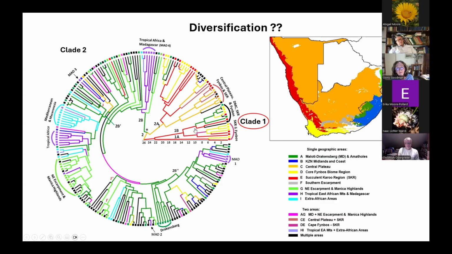But you'll notice in 1B that there are some green branches, and so that is, it appears at least, direct dispersals into the Maloti-Drakensberg region with a reverse dispersal back into the core fynbos region.